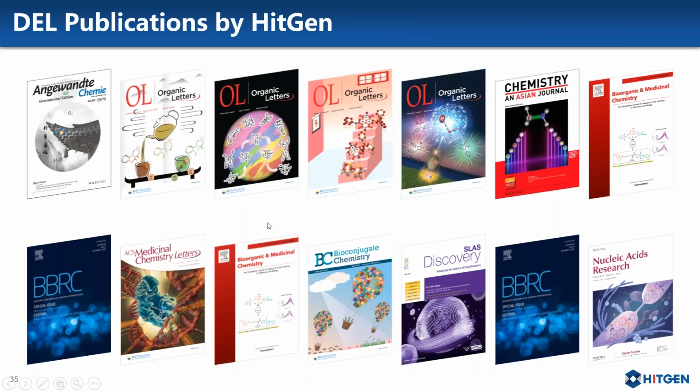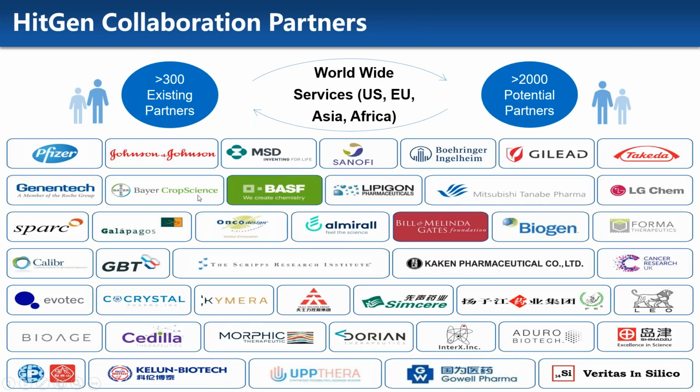In the past years, we have been focused on DEL technology development. In the last 2 to 3 years, we have published more than 20 publications focused on DEL technology development and optimization, including chemistry development and screening method optimization. Since the founding of HitGen in 2012, we have had more than 300 partners, and these are the customers in the public domain.